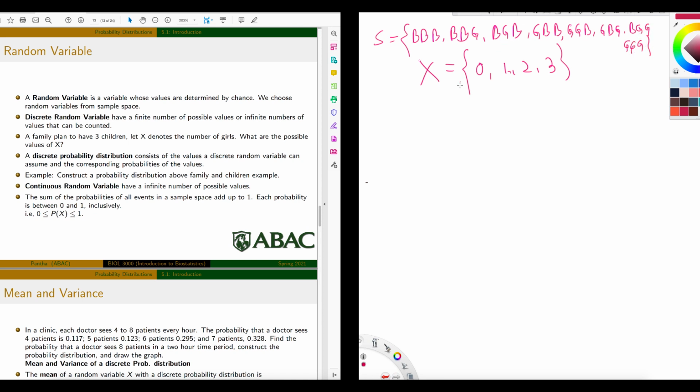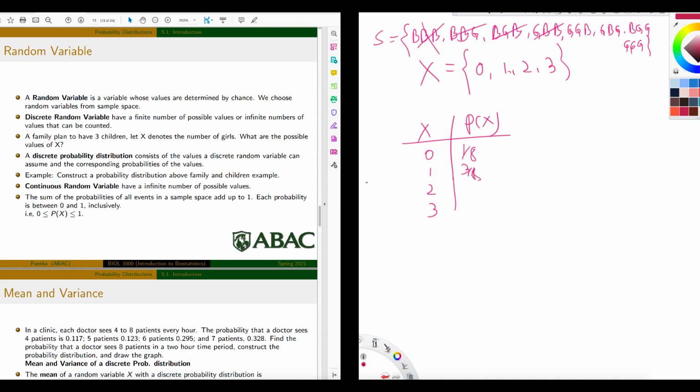These are the possibilities. So what is the probability distribution? We make a table with x and the probability of x. We list the values of x: 0, 1, 2, 3. What is the probability of 0 girls? 0 girls means all boys, so 1 out of 8, there is only 1. What is the probability of 1 girl? 1, 2, 3. That is 3 out of 8.